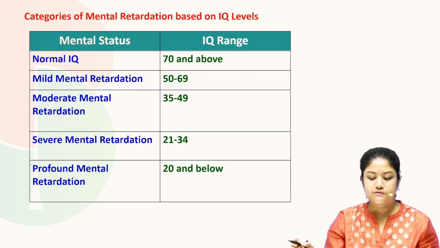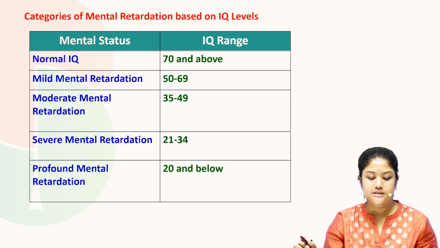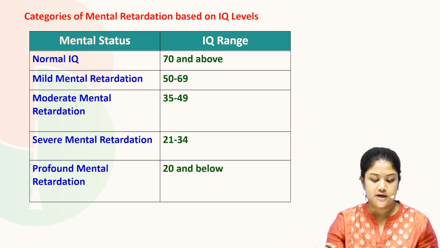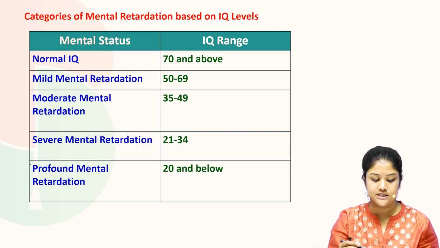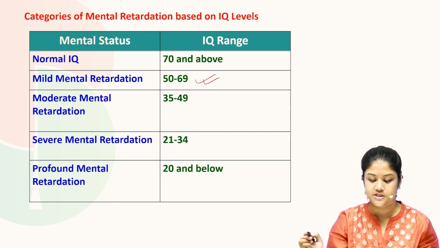Another way of classifying IQ level is according to categories of mental retardation, and this is what is asked in our question. We have mental status as normal, mild mental retardation, moderate, severe, and profound mental retardation. The normal level starts from 70 and above, mild mental retardation 50 to 69. This is what is asked in our question.